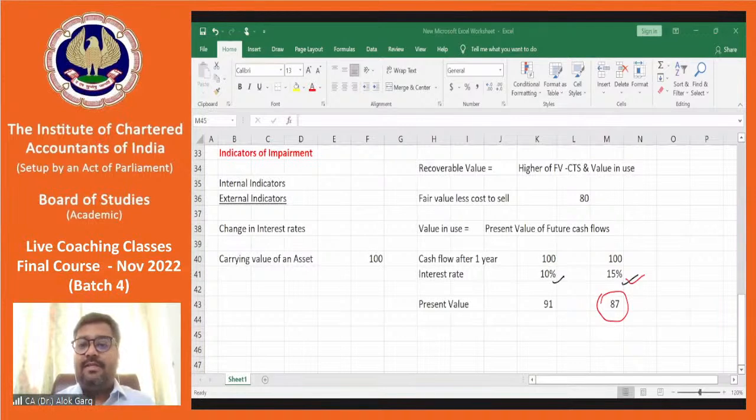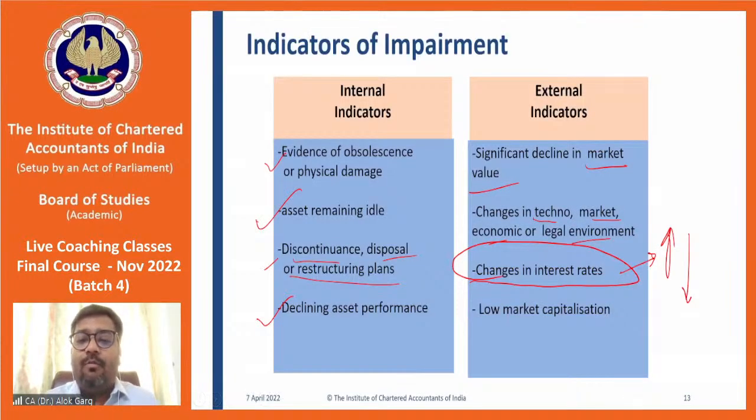Now let's go to the next one. Low market capitalization. What is low market capitalization? If you see the balance sheet of Vodafone Idea Limited, its market capitalization is less than 15,000 crores, but their asset base is more than 1 lakh crores, right?